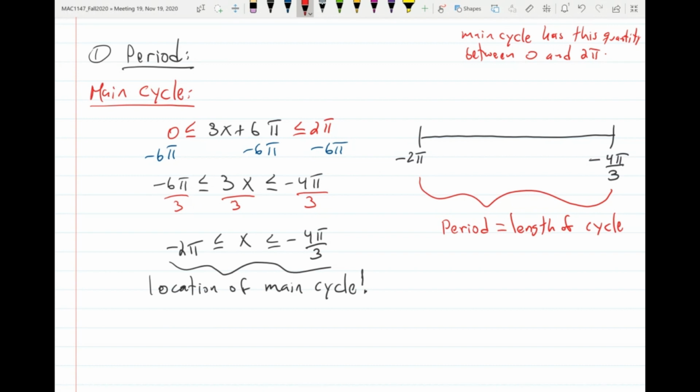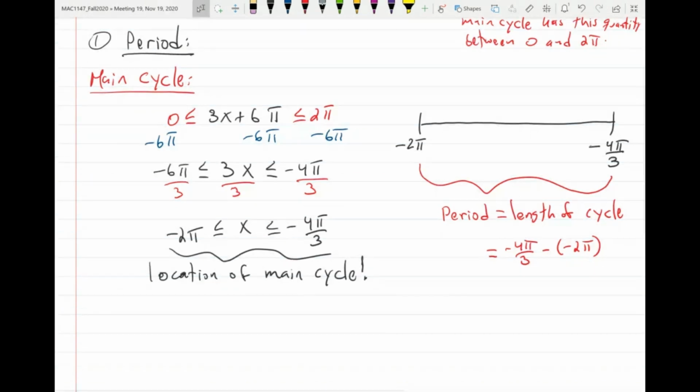So how can we find the length of the cycle in this case? When you have an interval, how do you find the length of an interval? You do right endpoint minus the left endpoint. So this is going to be negative 4 pi over 3 minus negative 2 pi. Do you understand this? Are you following this logic so far?